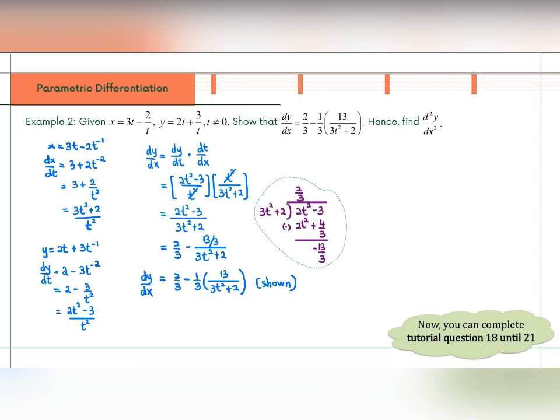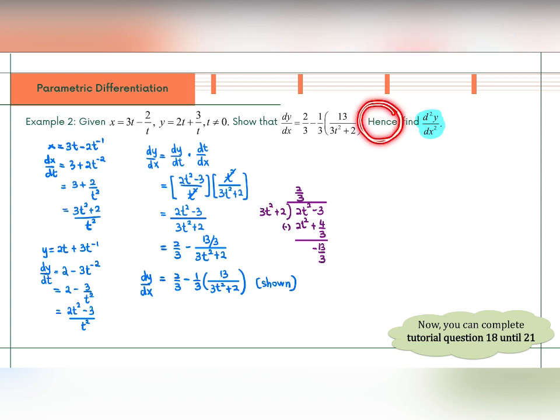Okey, seterusnya, soalan seterusnya adalah ini. Hence, find the second derivative. Okey, saya nak gunakan pen warna hijau. So, my second derivative will be, sebab dia kata hence kan.